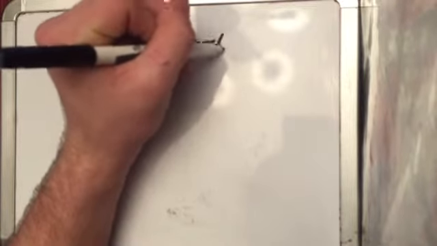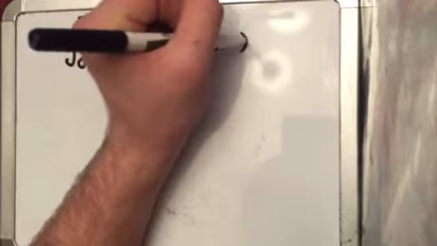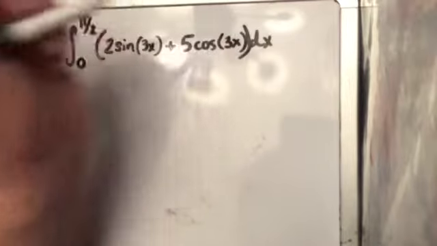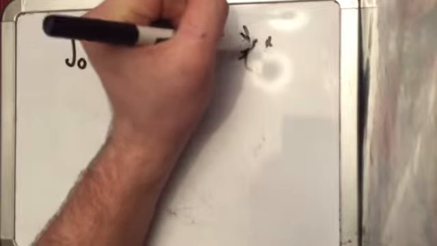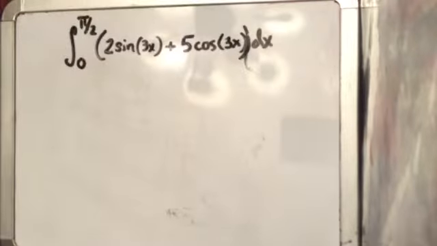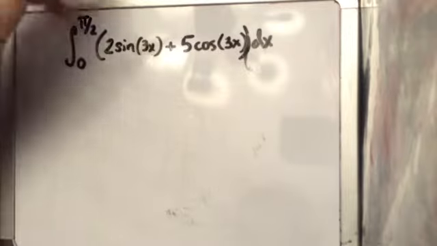We have the integral from 0 to pi over 2 of 2 sine 3x plus 5 cosine 3x dx. And it's asking you to evaluate the integral, of course.